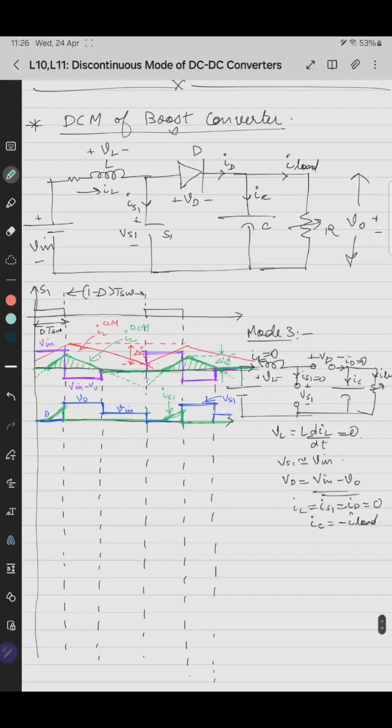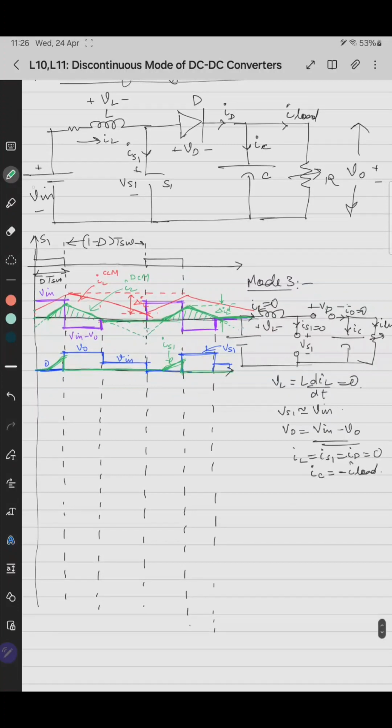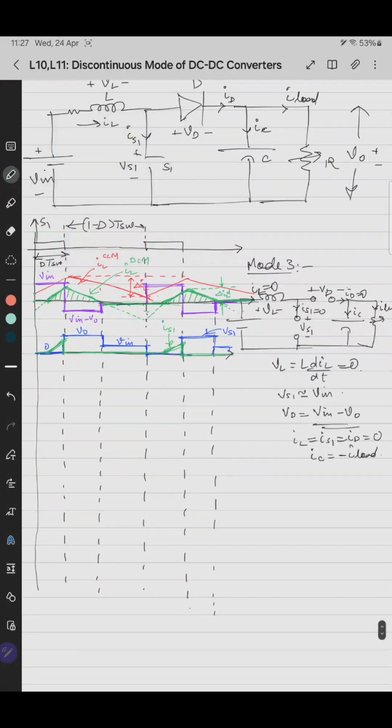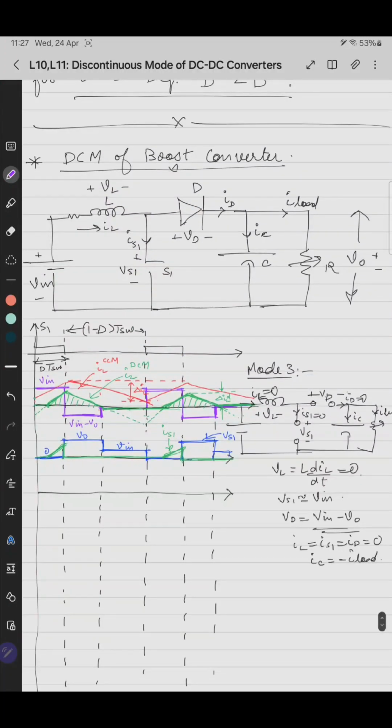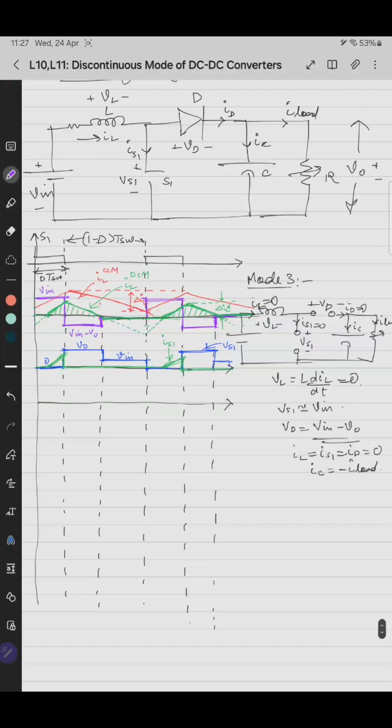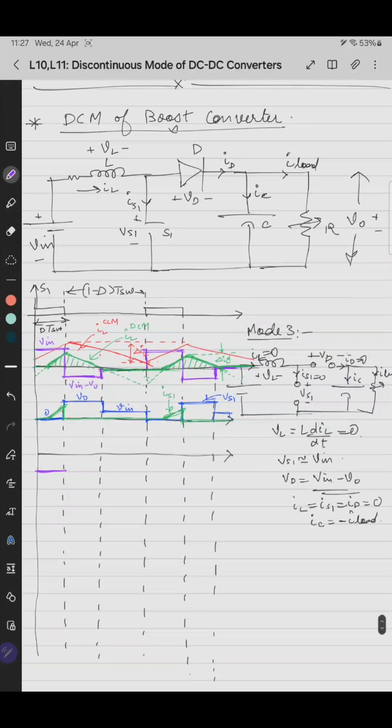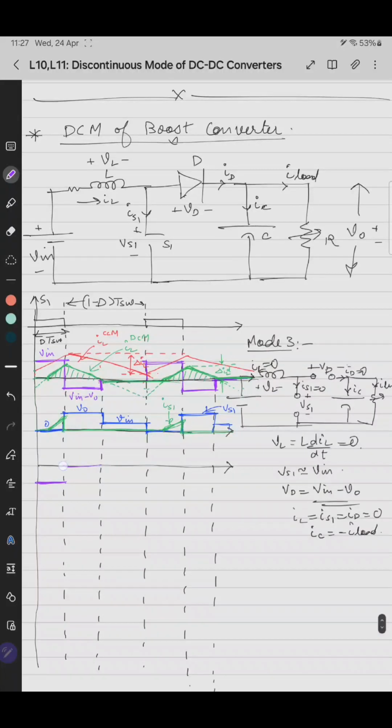So the inductor is done, the switch is done, then comes the diode. When the switch is on, the voltage across the diode VD becomes minus V0. When the diode is off, the voltage across it becomes 0.